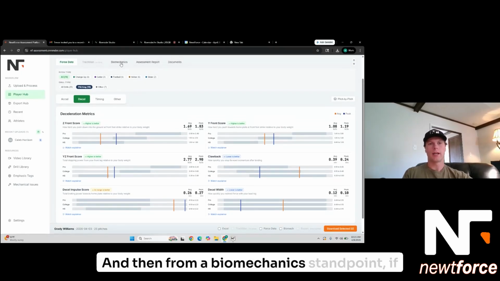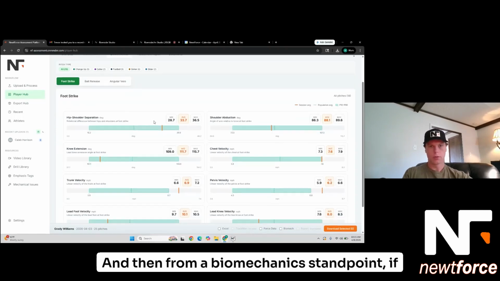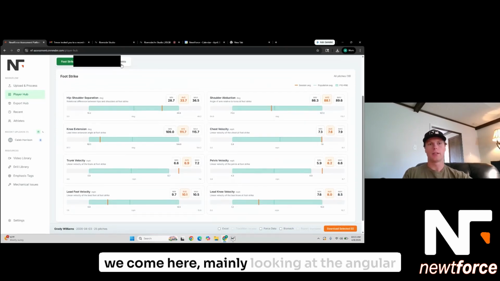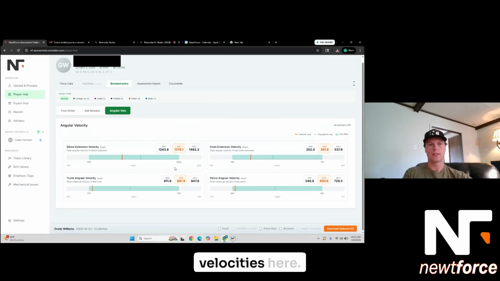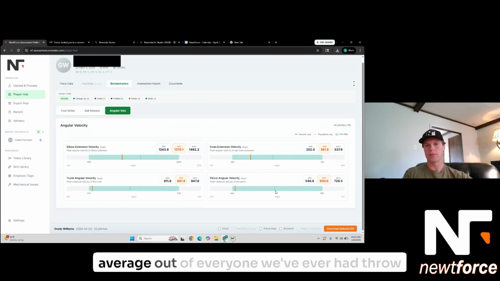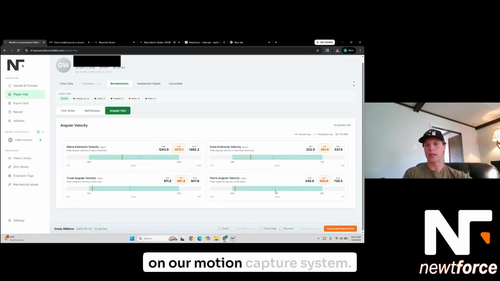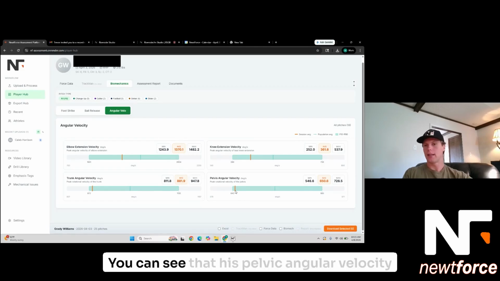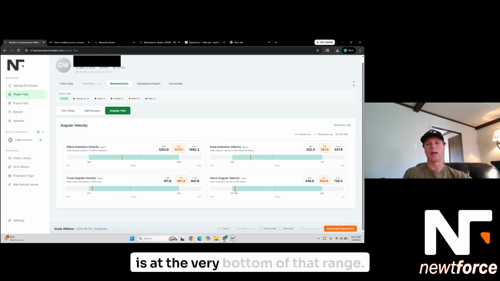And then from a biomechanics standpoint, if we come here, we're mainly looking at the angular velocities. If we look at pelvis angular velocity, this green dotted line here is the population average out of everyone we've ever had throw on our motion capture system. You can see that his pelvic angular velocity is at the very bottom of that range.